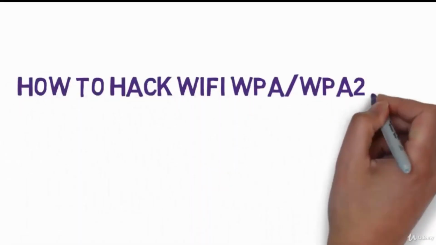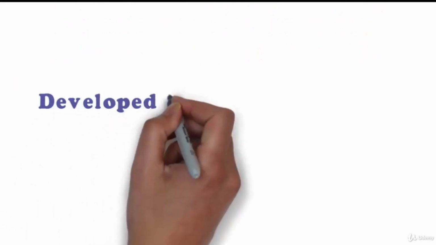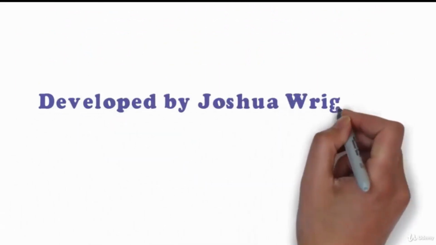Welcome. In this video, we are going to learn how to hack Wi-Fi WPA2 PSK passwords with the cowpatty tool. The cowpatty tool was developed by wireless security researcher Joshua Wright.